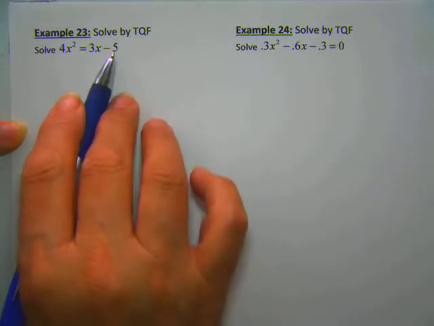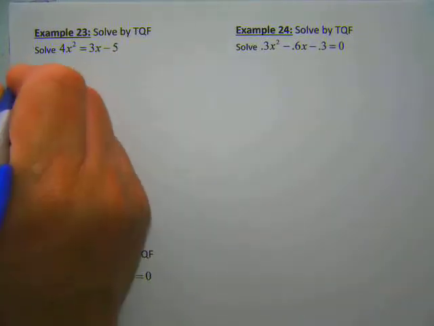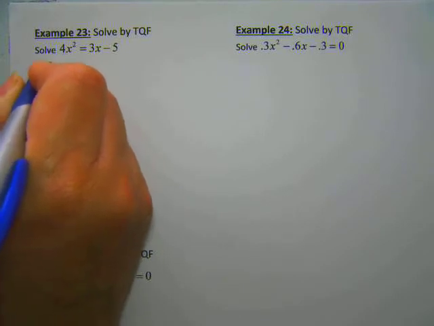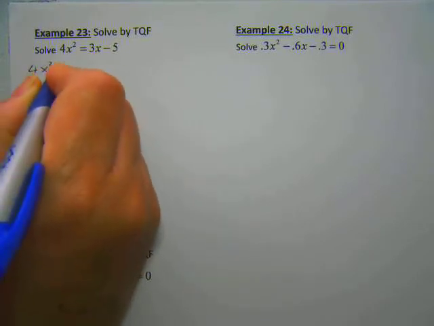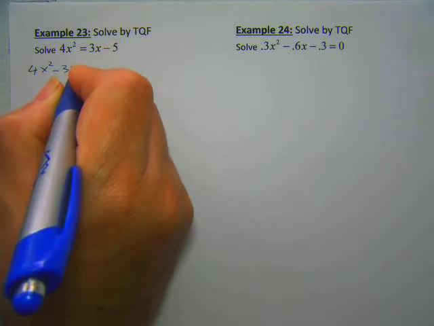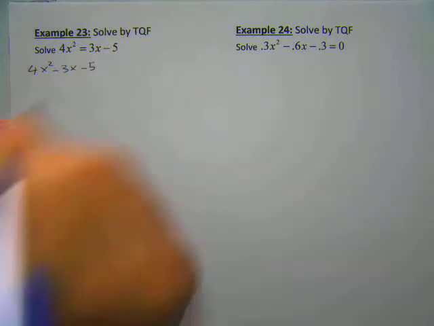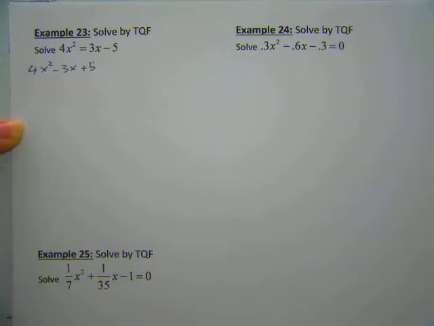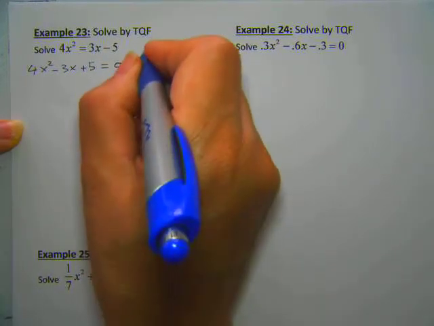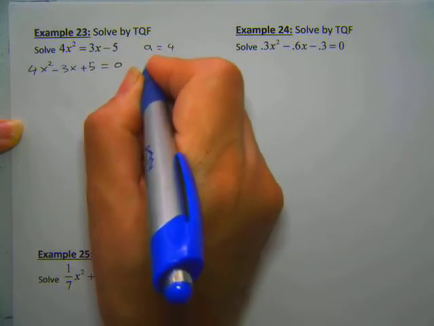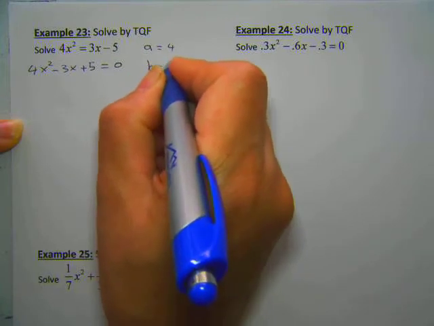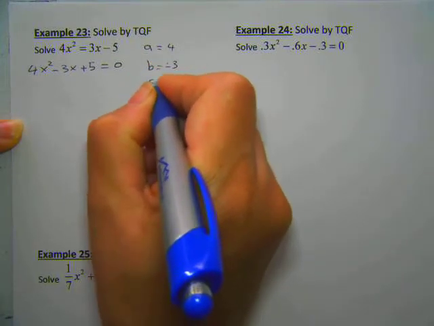Again, the first step is, yes, to put it in standard form. So subtract the 3x, and add the 5, so it's going to become positive 5 equals 0. Now I'm going to write my a and my b, which is negative 3, and my c.